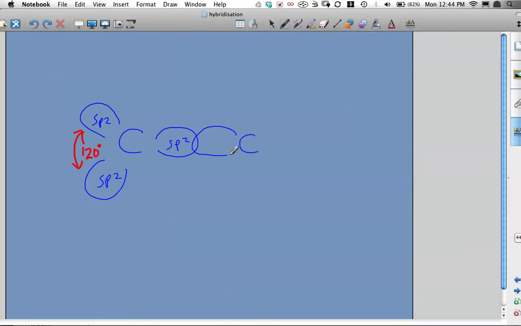So here we go. Badly drawn, but there's the overlap, and it's head-to-head overlap. sp2, sp2. Now, you can see what I'm starting to form here.